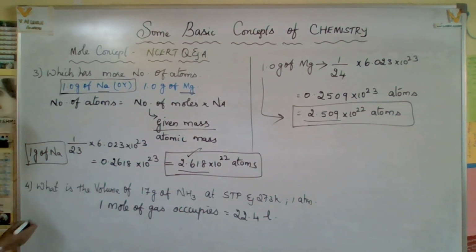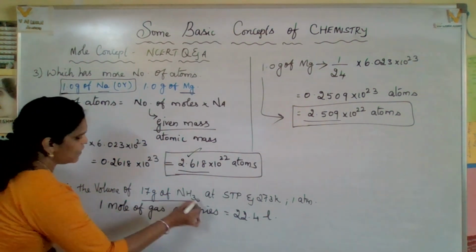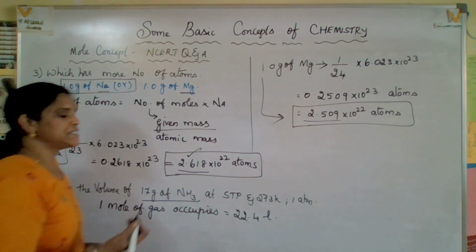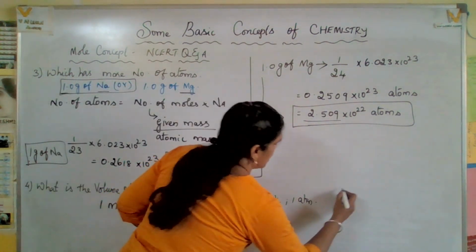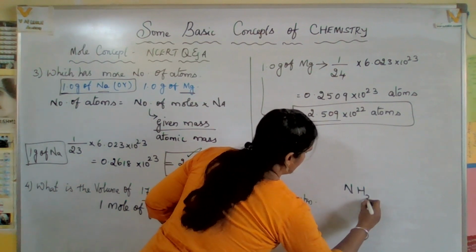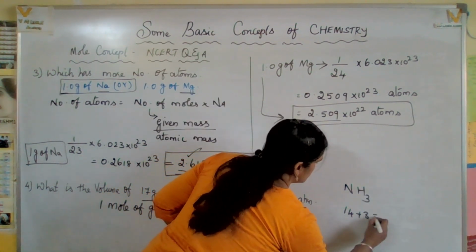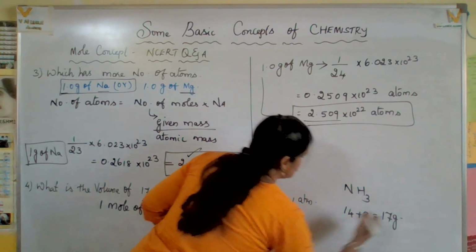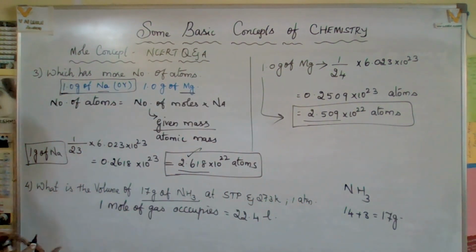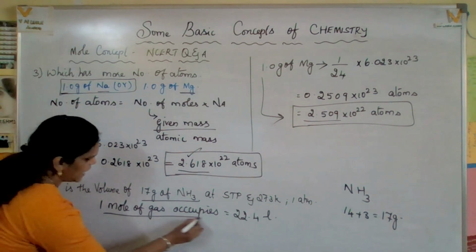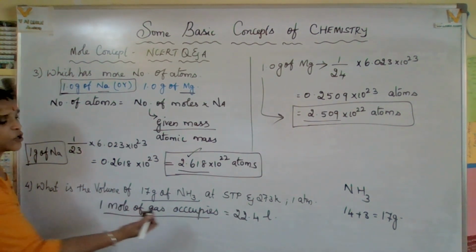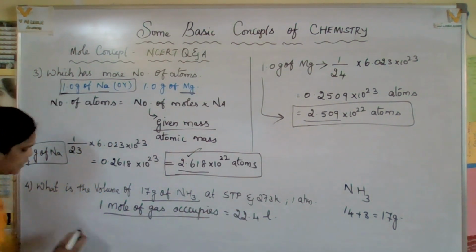Now, here we have 17 gram of ammonia. What is the molecular mass of ammonia? Nitrogen and hydrogen, it is 14 plus 3, so 17 grams. So 17 grams equals 1 mole of ammonia. Therefore, 1 mole of any gas occupies 22.4 liter.